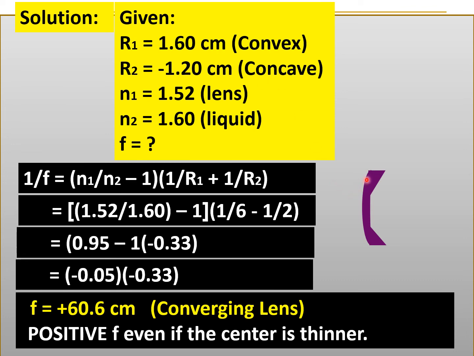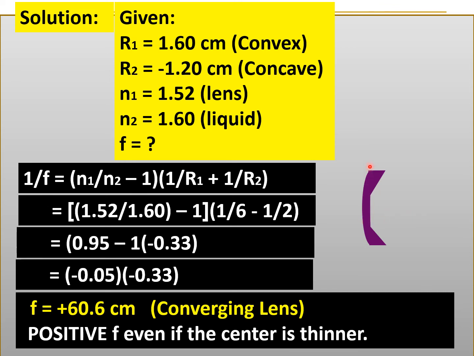So the one facing to the left is convex. You can imagine the circle that it defines. Whereas the one facing to the right is a concave surface, so its imaginary circle is just about that big, whose radius of course is from the center to the circle.